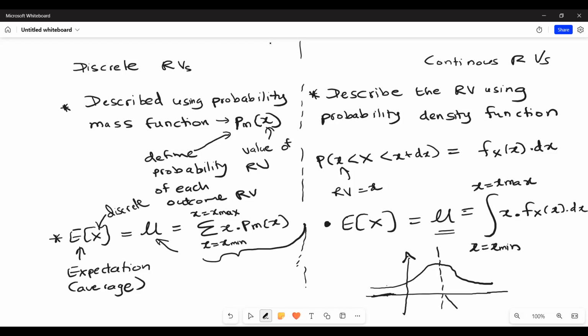Then the variance will be defined using the width around this mu value. It's not exactly equal to the width, but this width will be affected by sigma or the variance.